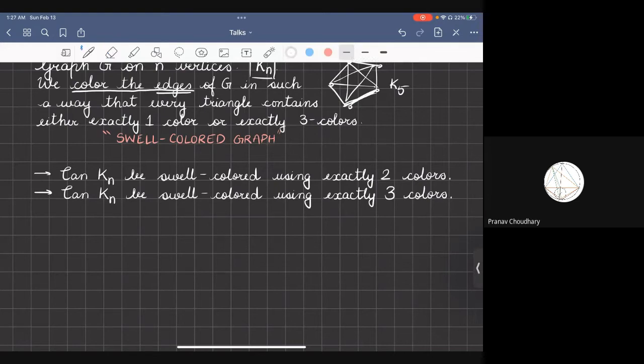Also, if n does not work, then n plus one cannot work either, right? Because if a K_n is swell colored, then a K_(n-1) is also swell colored. So if you can find an n for which it cannot work, then it cannot work for any higher n.